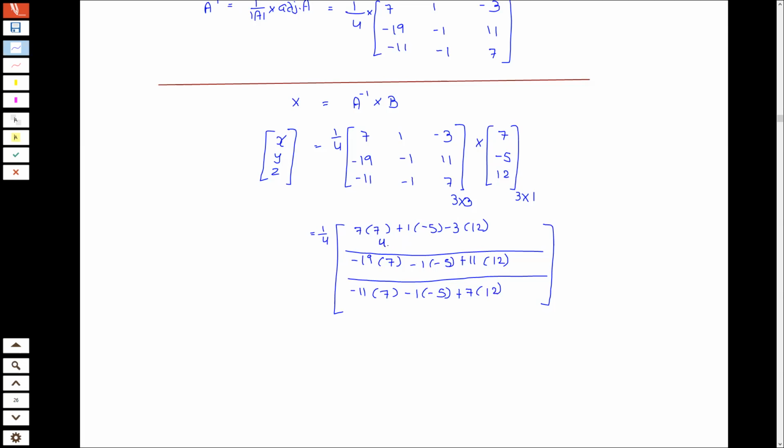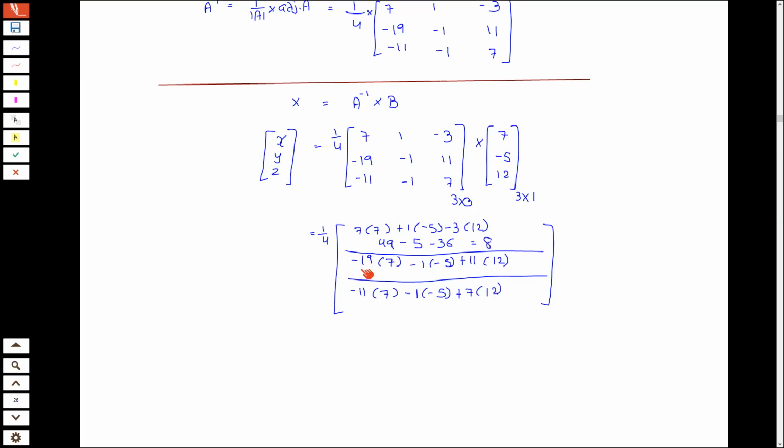7 sevens are 49. Then it is minus 5. It is minus 36. So 36 minus 36 and minus 5, so it is 41. So it will become 8.